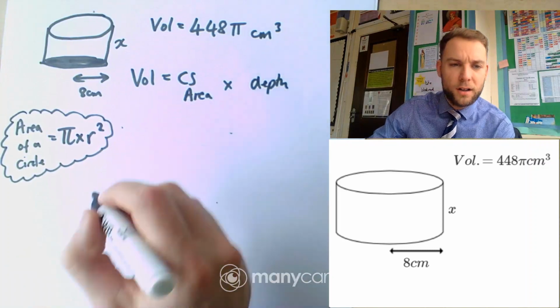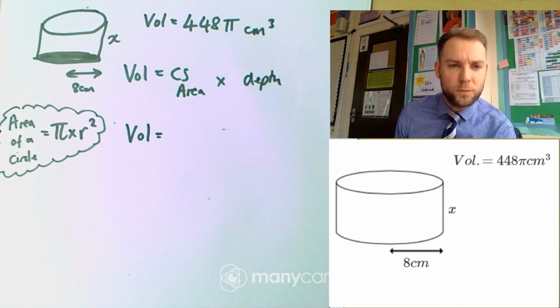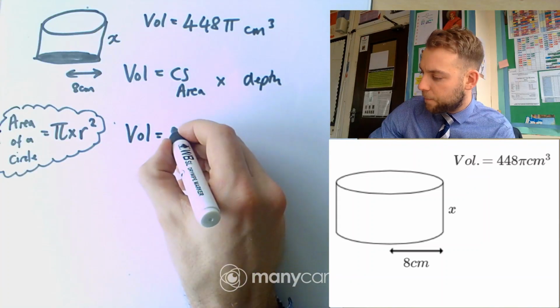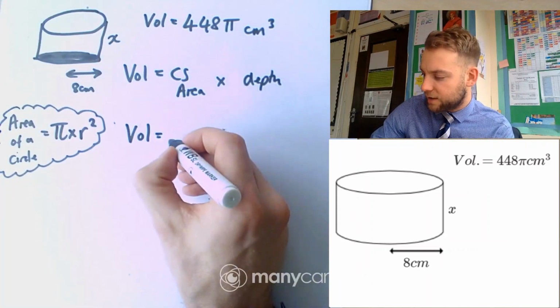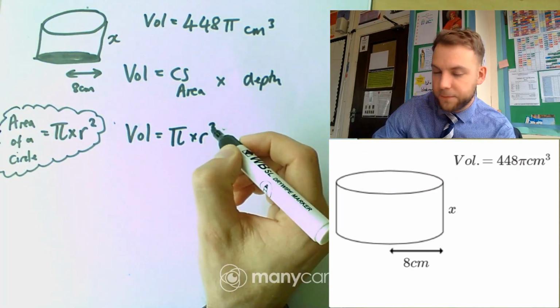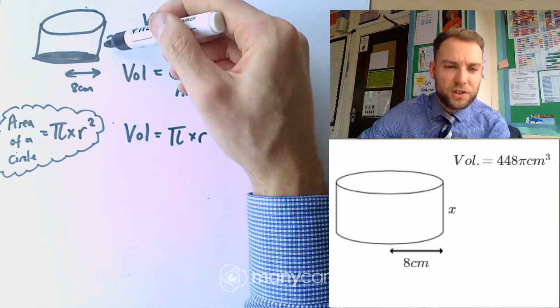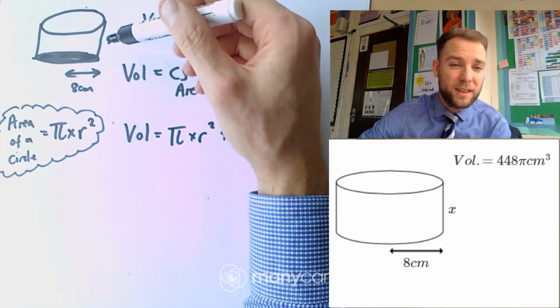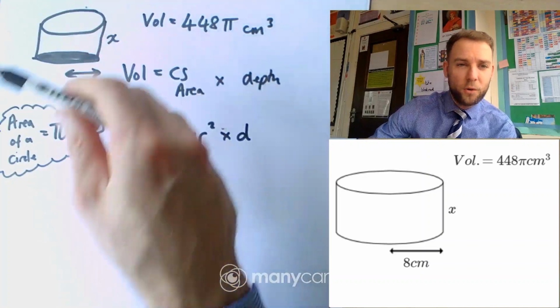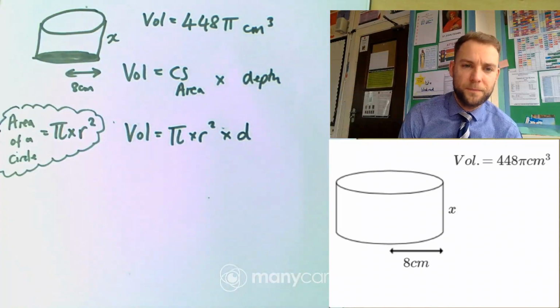So let's create our important formula now. So the volume is equal to cross-sectional area, which is a circle in this case, so pi times by r squared times by the depth. Now we can see the depth in this one because it's on its side. It looks like the height, but it's still called the depth because it's how deep it goes if we were to turn it round.